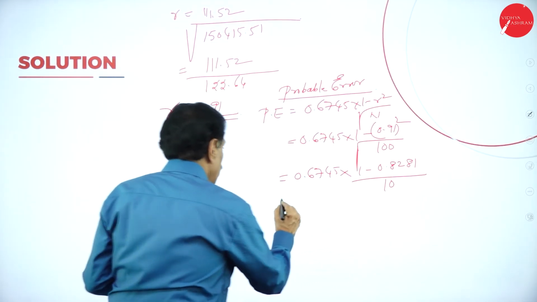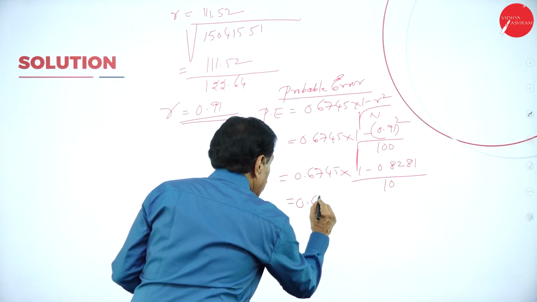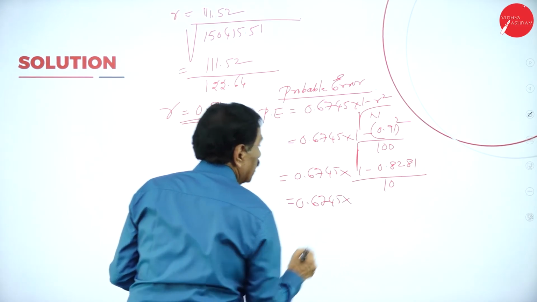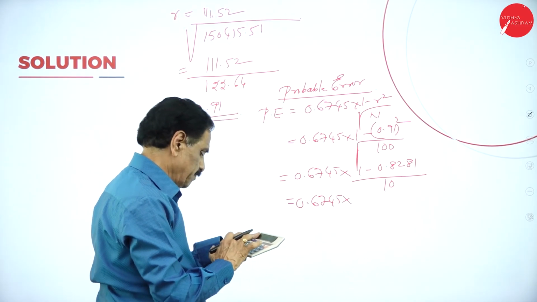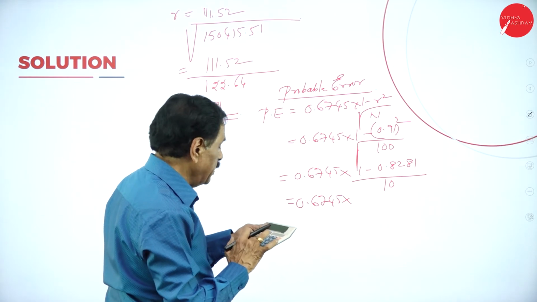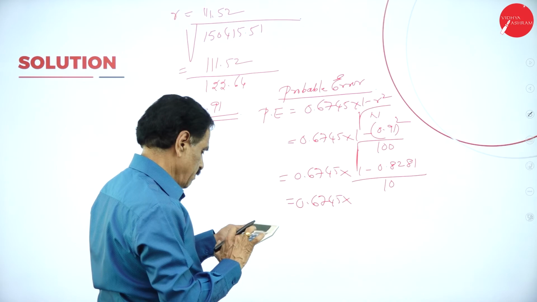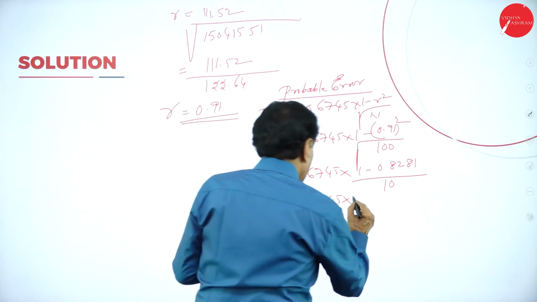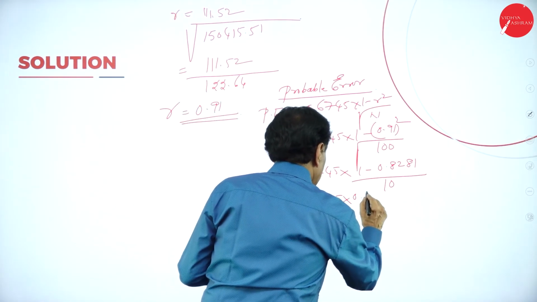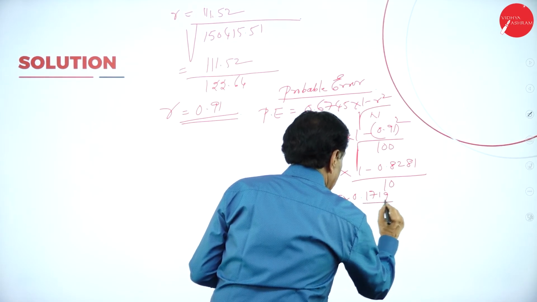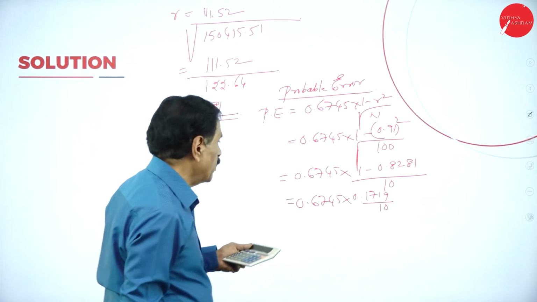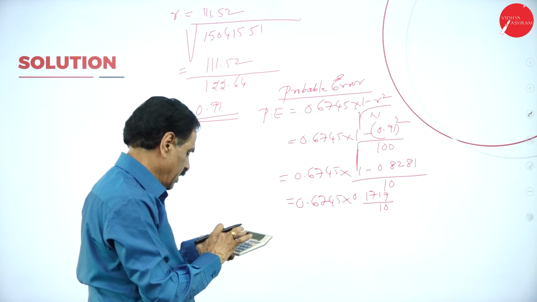Deduct: 0.6745 into 1 minus 0.8281, 0.1719 divided by 10.